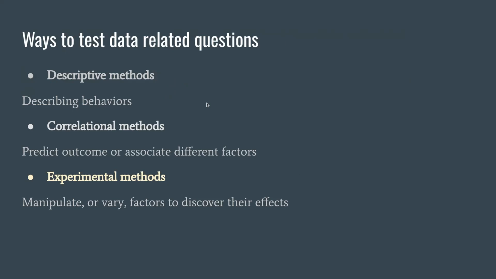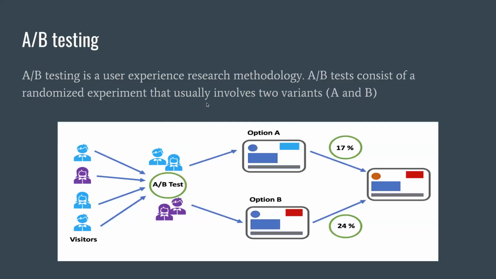Now let's look at experimental methods. The correlation method predicts outcomes or associates different factors. The experimental method will manipulate various factors to discover their effects. And one popular example is A/B testing. This would be something that you run into as you work as a data analyst or data scientist.